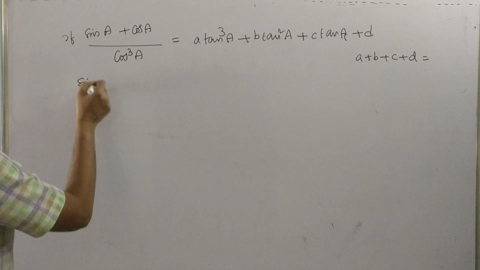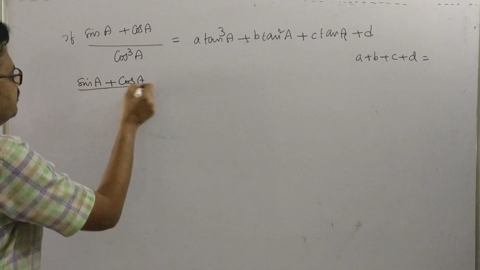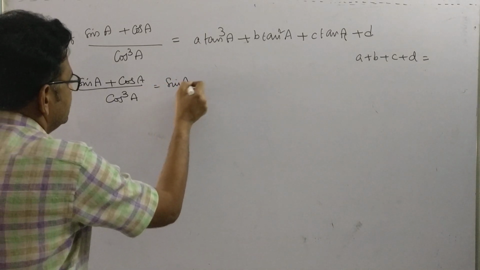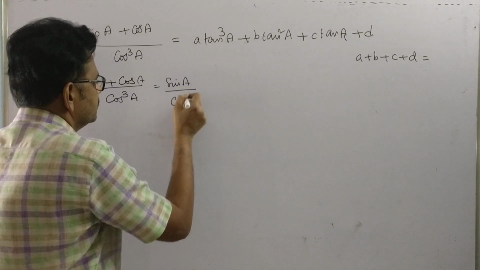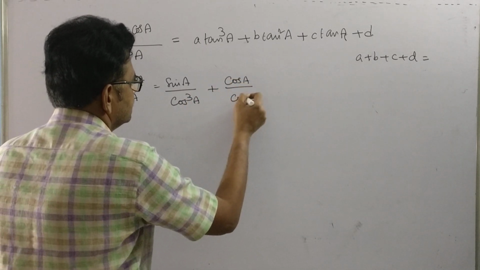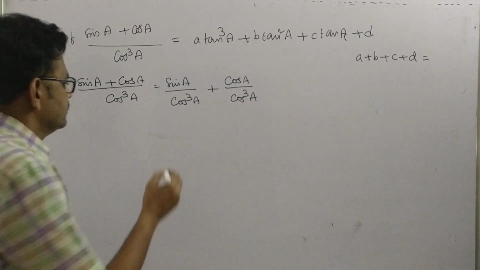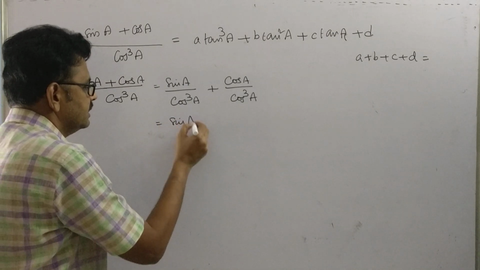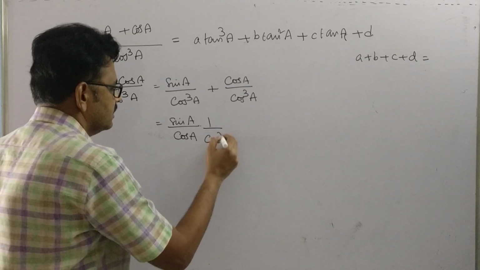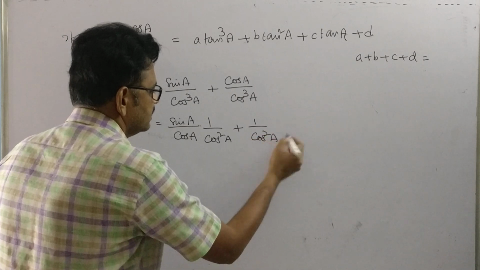So this is (sin a + cos a)/cos³a, which equals sin a/cos³a + cos a/cos³a. That is equal to sin a/cos a into 1/cos²a, plus 1/cos²a.